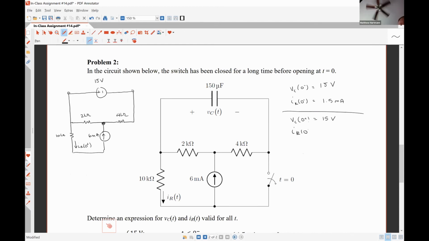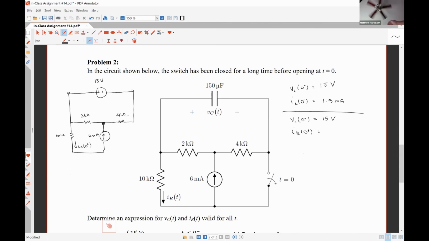What is IR at 0 plus? Wouldn't it be the same thing? So you're suggesting that IR at 0 plus will be 1.5 milliamps? Yes, sir. All right, let me ask you a question.